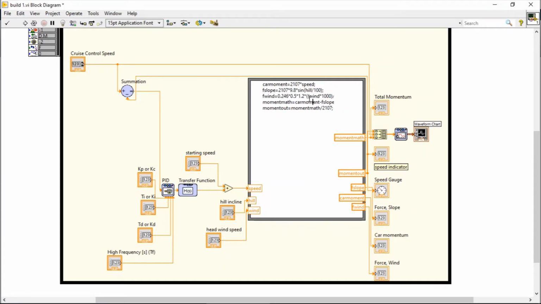This is the formula of it acting on the car. So if we had a 90-degree hill, you'd be driving straight up, and you would see that this would make the car basically almost drop at the speed of gravity in reverse. About the biggest that I used on this, though, was about 10 degrees.